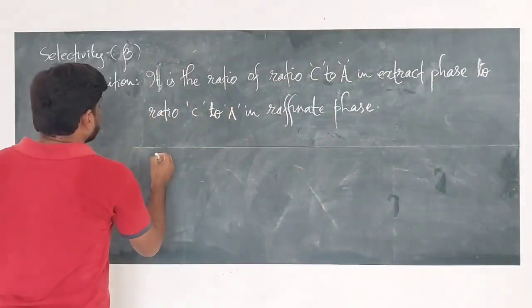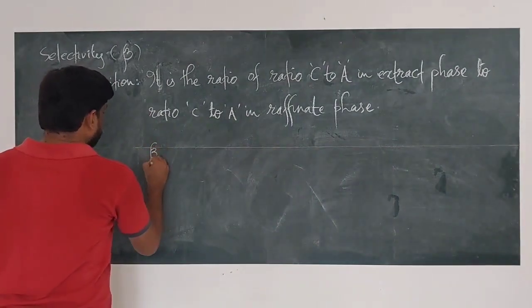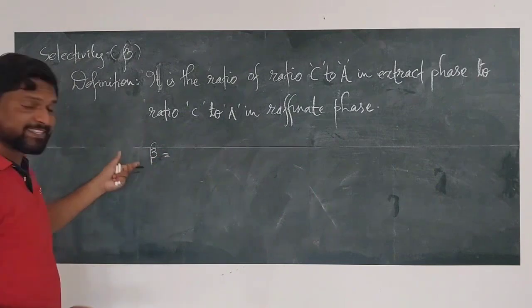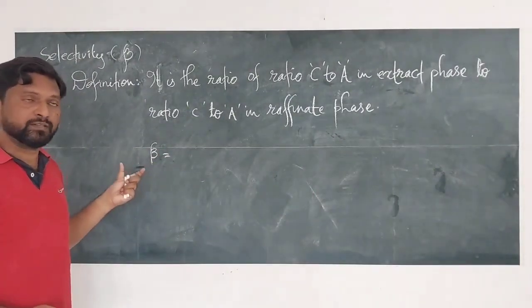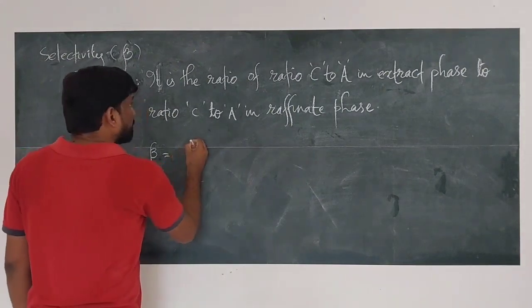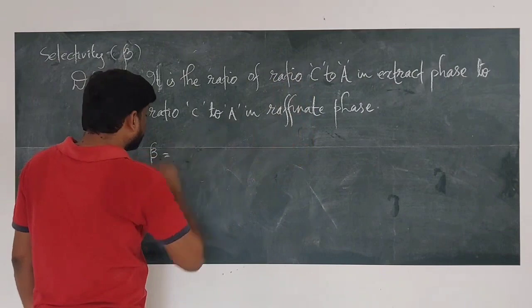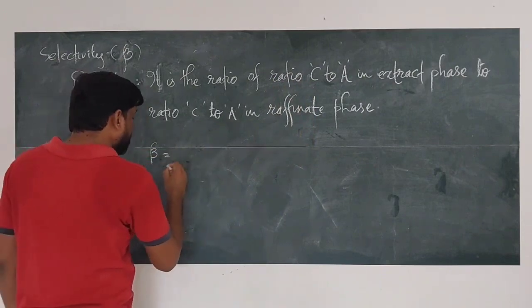Mathematically, it is denoted by the Greek letter beta. So beta is equal to the ratio of C to A in extract to C to A in raffinate. So what does this mean?